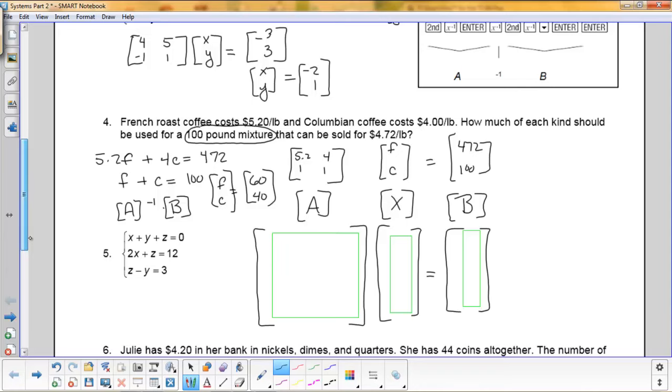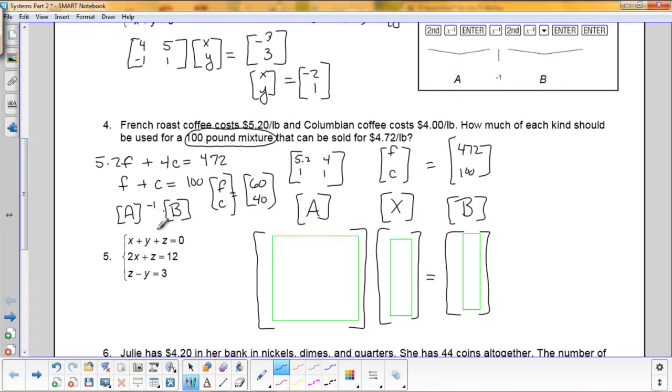Question number 5. We're going to go ahead and take a look at this using 3 variables. No different, just a little bit more complicated. Please understand that the matrix loves structure. So what's missing from the second equation that's in the first equation? That is the value y. Please remember that if it's not there, it's 0. So that's going to be placed in the matrix.